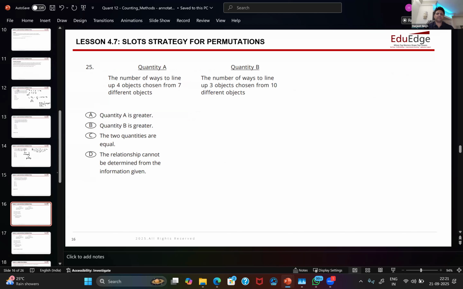Okay. Now the quant comparison question. A is the number of ways to line up 4 objects chosen from 7 different objects. Is this permutations or is this combination? Permutations, because you're talking about lining up, arrangement.